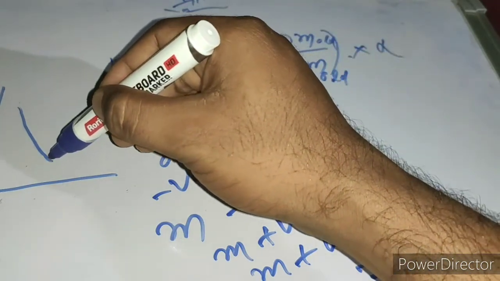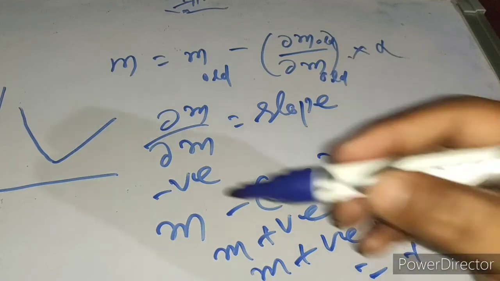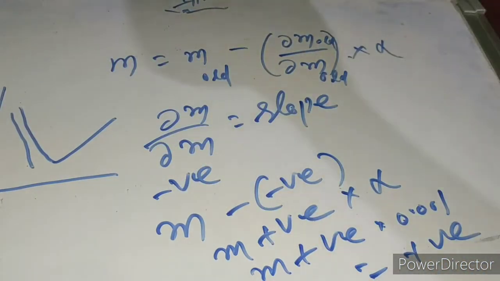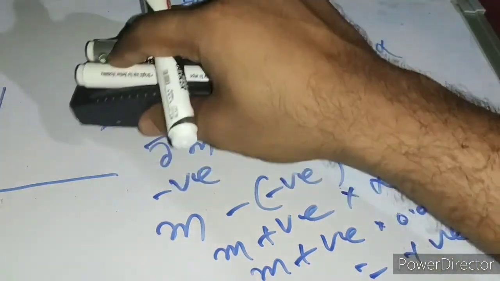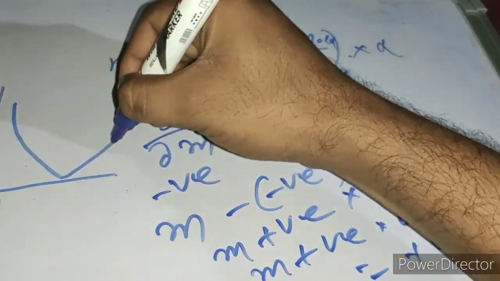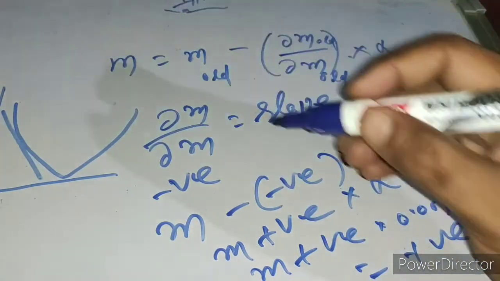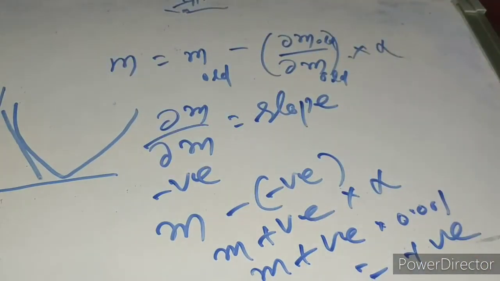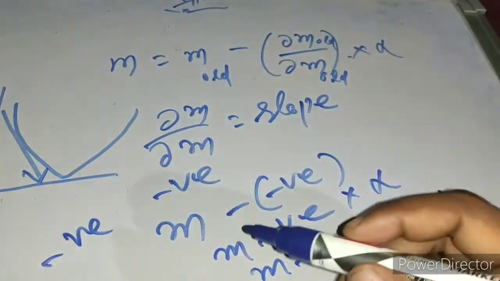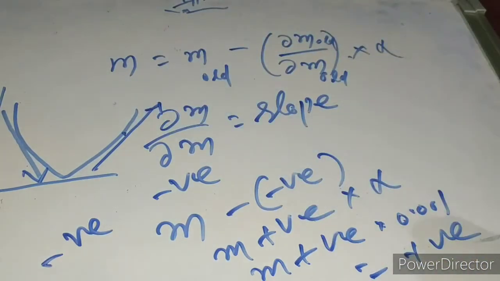Slope is positive means it is going up like this. Let me draw the diagram properly. If the slope is calculated and it is coming down, it will have a negative value. If it is going up, it will have a positive value.